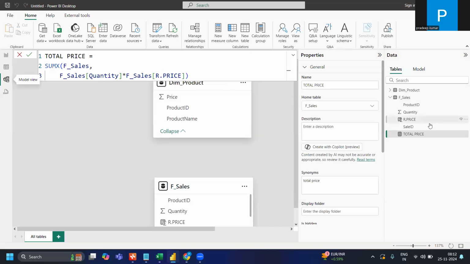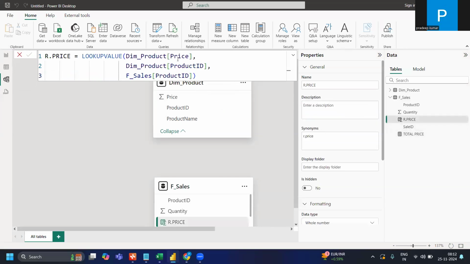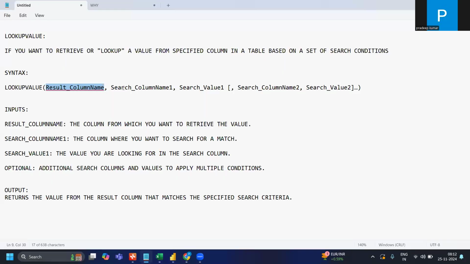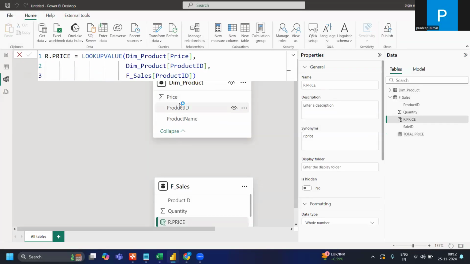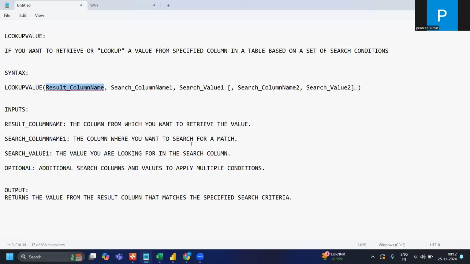The search column is product ID, and the fact table's column is product ID. Based on this condition, it will fetch the price into the fact sales table. Now you can easily find the required output.